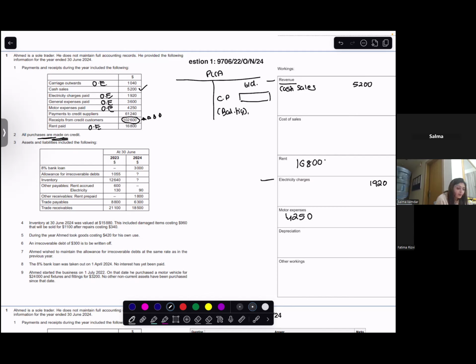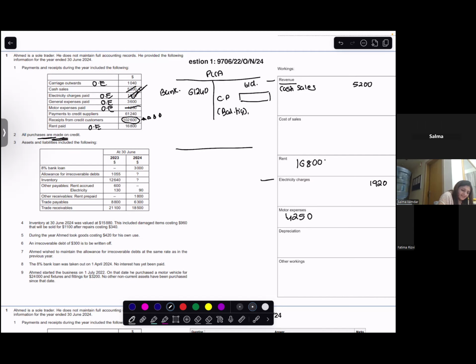Okay? Along with this, I'm going to put a marking on whatever information I've already used. I've used 1920. I've used general expenses, right? Motor expenses has been used? Yes. Payment to credit suppliers, where will I put it? PLCA, which side? 6140.